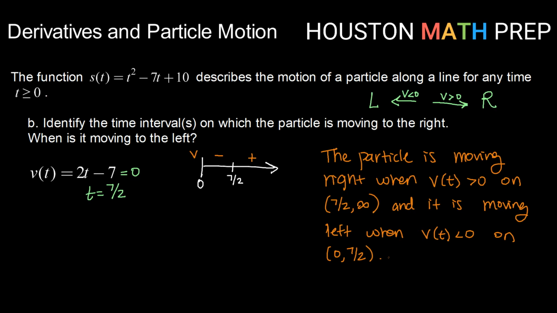Okay, so the particle is moving to the right from 7/2 to infinity, whenever velocity is positive, and it's moving to the left whenever velocity is negative, or 0 to 7 over 2. Also, we might want to note that at time equals 7 over 2, our particle changes direction because it goes from moving to the left to moving to the right. So it has to stop and change.